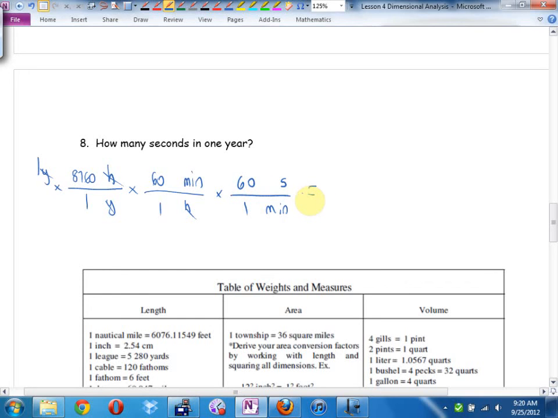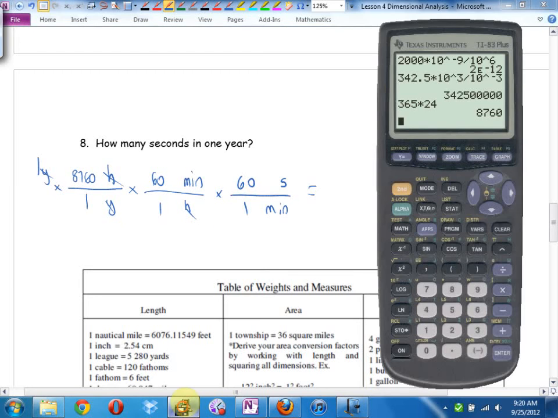I'm going to go 8,760 times 60 times 60, divided by 1, divided by 1. Are the divided by 1s going to make any difference? No. Okay, so 8,760 times 60 times 60. Or if you're really lazy, 8,760 times 60 squared, which is less typing, which is what I'm going to do.